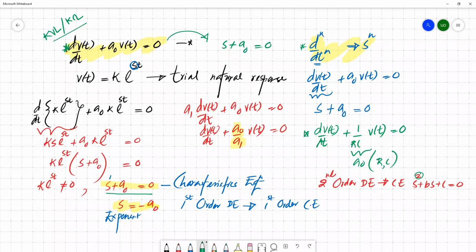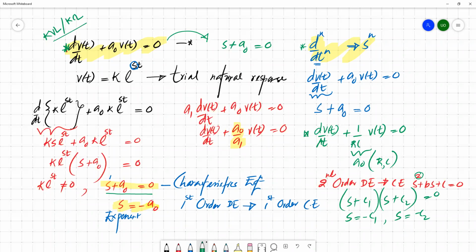So if it is a quadratic or second order equation, we can find two roots: s plus c1, s plus c2 equals 0. For this case, you may have s equals minus c1 and s equals minus c2. So if it is a second order characteristic equation, in general you may end up with two roots, or two solutions for the second order differential equation.